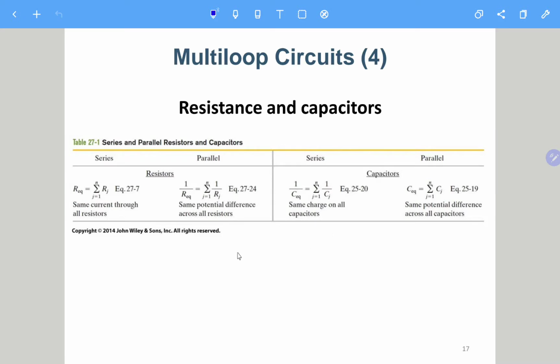And here actually, if it is for inductance, yes, still you can make it like L equivalent.